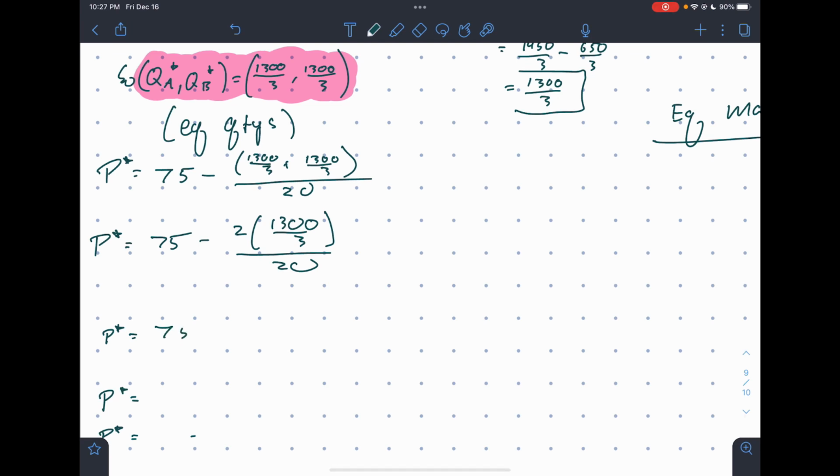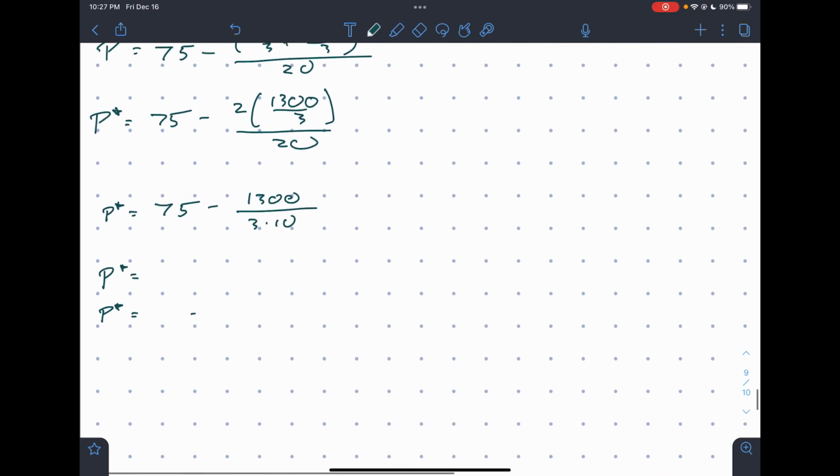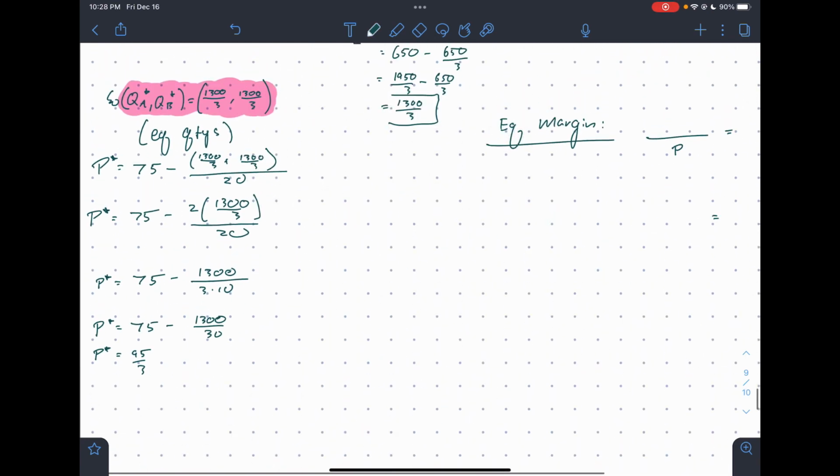So this is 75 minus 1300 divided by, we get 3 times 10. So 75 minus 1300 divided by 30. Okay, so this is a bit annoying to compute. I think it ends up being 95 over 3. Okay, so this is the equilibrium price.